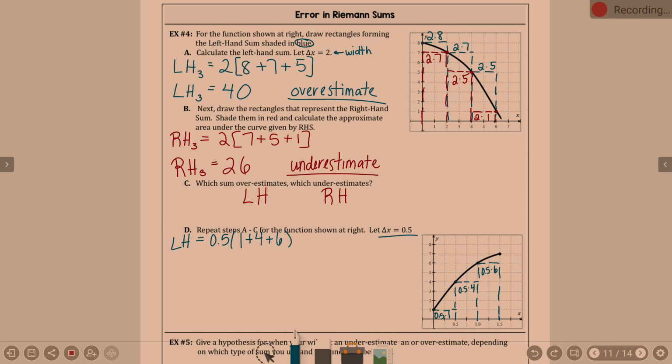And that ends up being 5.5. My brain said 11 halves. Where does the 3 come from? The rectangles. There's 3 rectangles. Under or overestimate? Under. This time it's an under, isn't it?